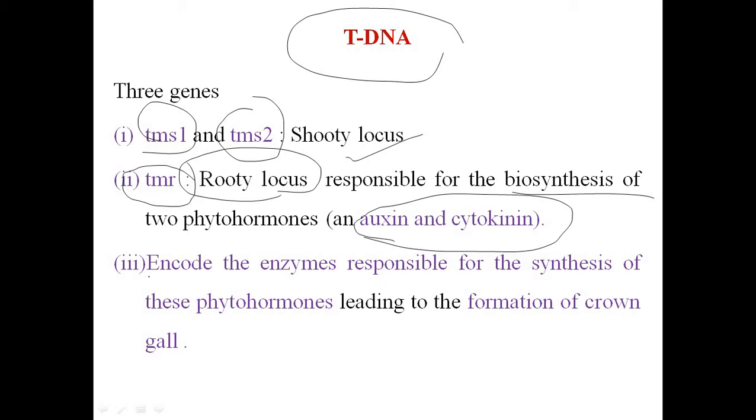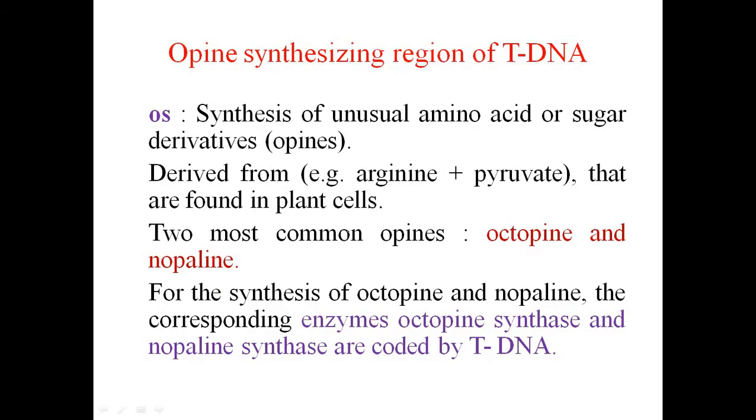These genes encode the enzymes responsible for synthesis of auxins and cytokinins, because of which there is formation of a crown gall, or tumor, in the infected cell.